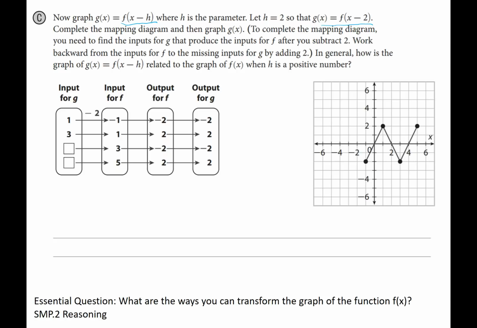If I subtract 2 from my input for g, I get my input for f. So 1 minus 2 equals -1. So my output for f would be -2.